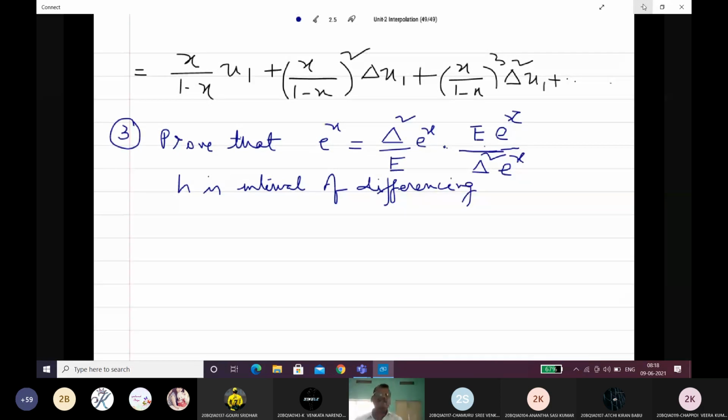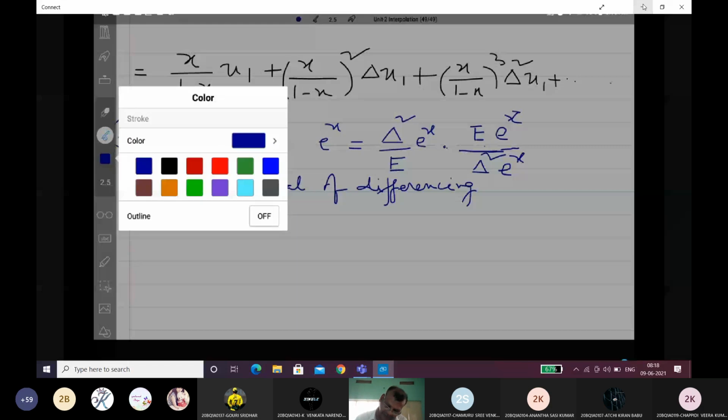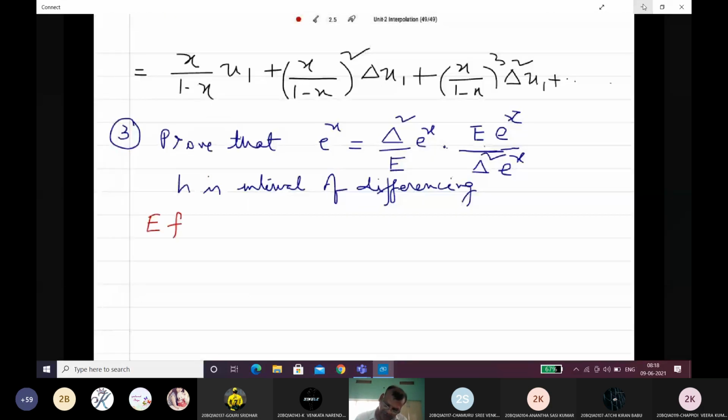Now, what is the formula of E of f of x? Anyone? What is the formula for the shift operator E of f of x? f of x plus h.